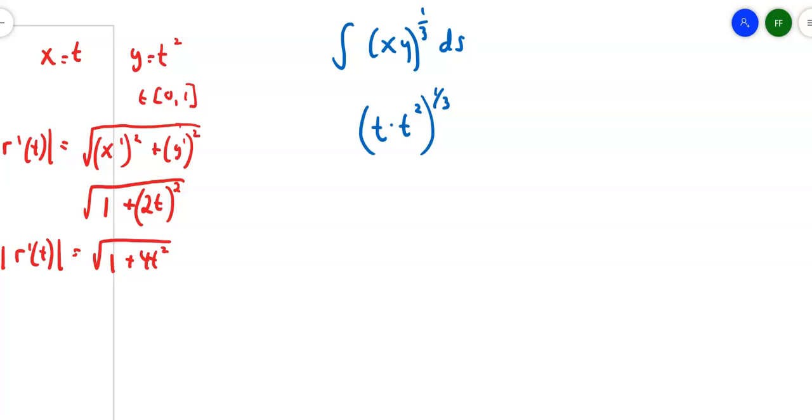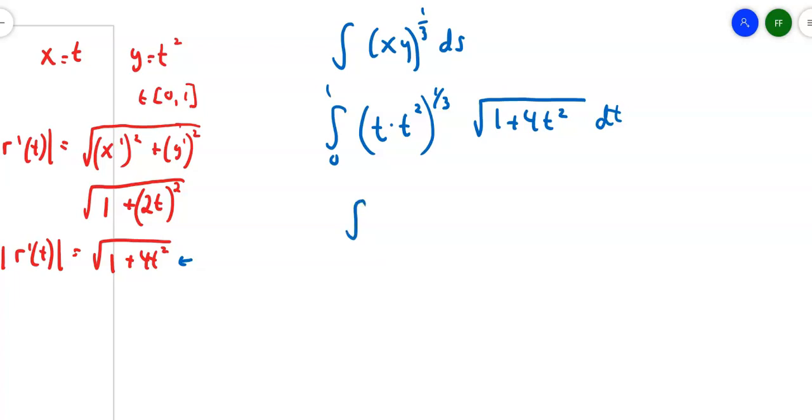The ds is still sitting over here. The ds is the square root of 1 plus 4t squared. I'm integrating with respect to t from 0 to 1. And now I'm going to rely on previous techniques learned in other courses to finish this off.